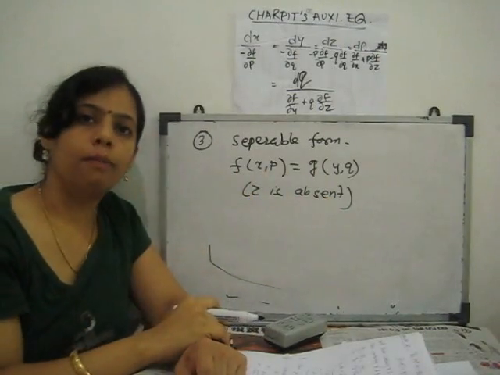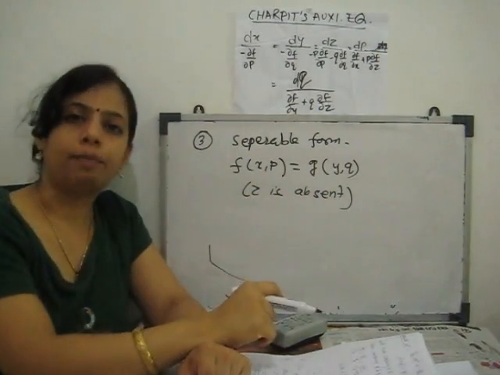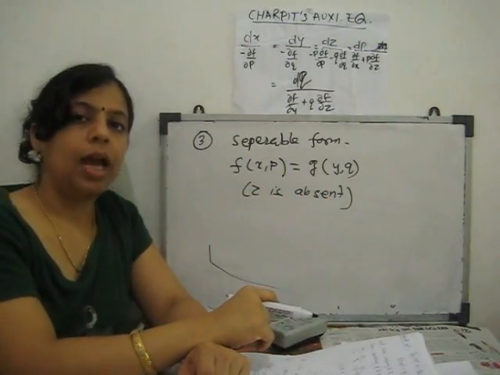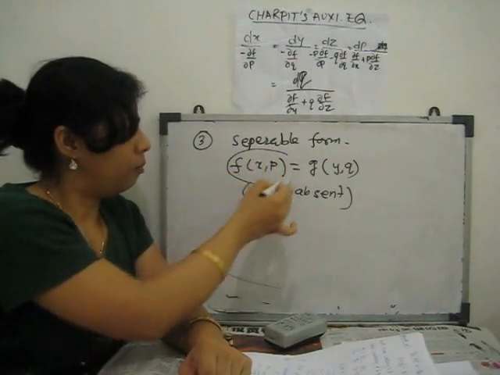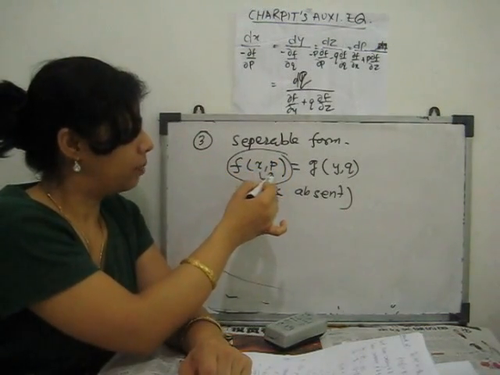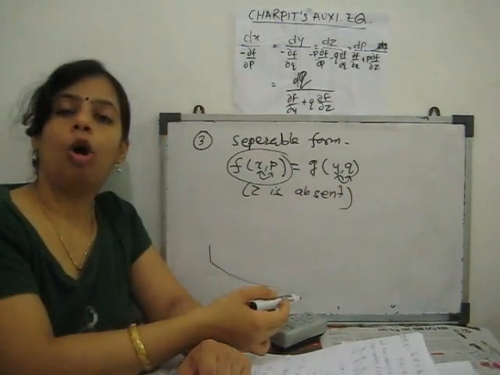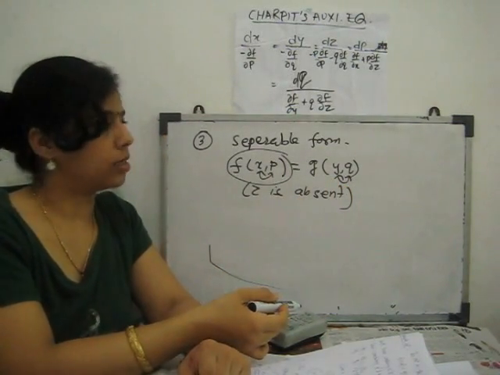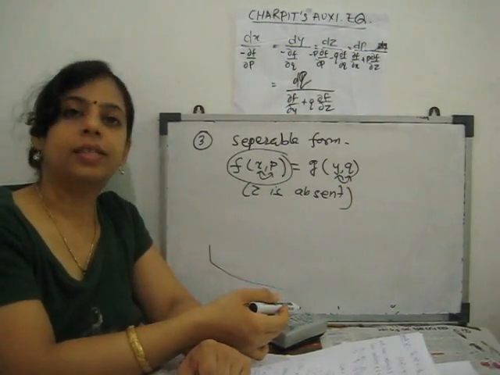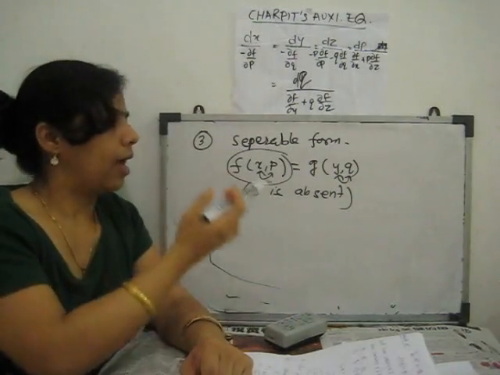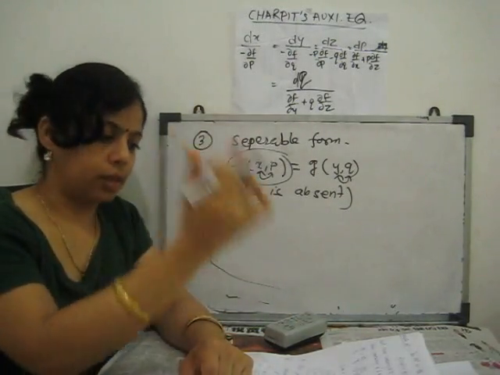So in this form, first thing, z is absent, z is not available, and second thing, we can combine all x and p terms on one side, or we can combine all y and q terms on one side. Means we can separate the variable x with p and y with q.